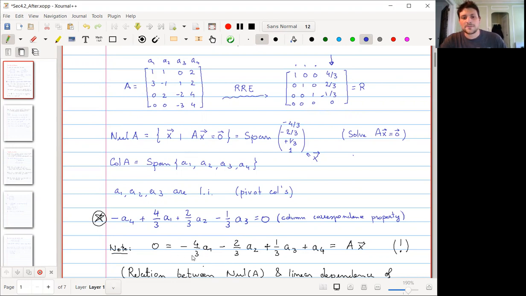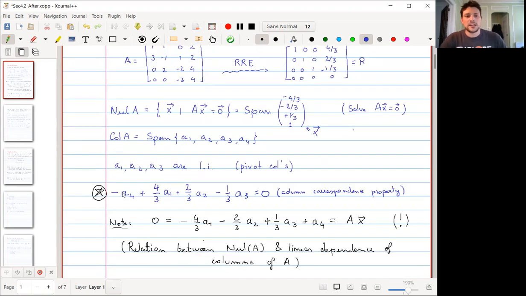Because this expression here is a linear combination of A1, A2, A3, A4 that gives 0. In other words, it is A times a vector X, the vector spanning the null space.